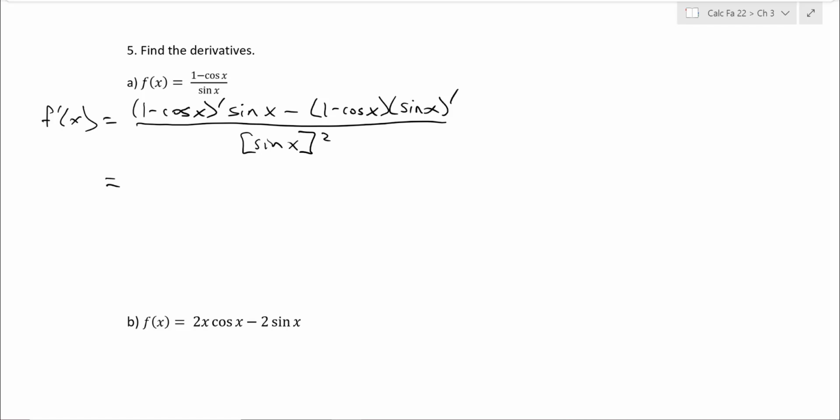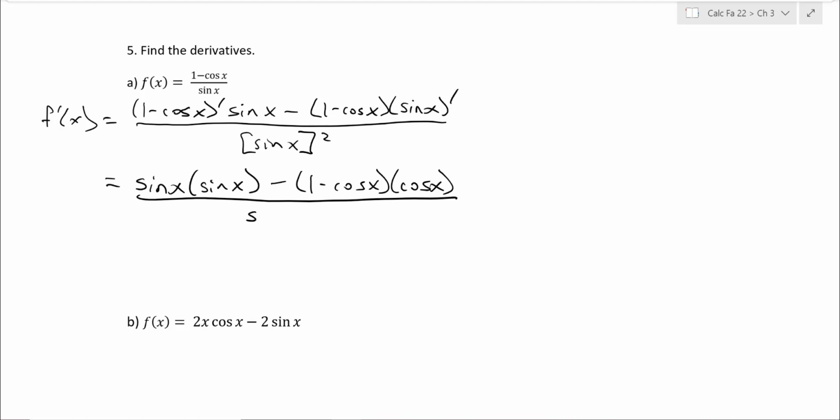And then as we start running through, our derivative of cosine was minus sine, derivative of 1 was 0, so the minus negative sine x just gives us sine x times sine x, and then minus the 1 minus cosine x stays here, derivative of sine x is just cosine x, and our denominator is just sine squared x.